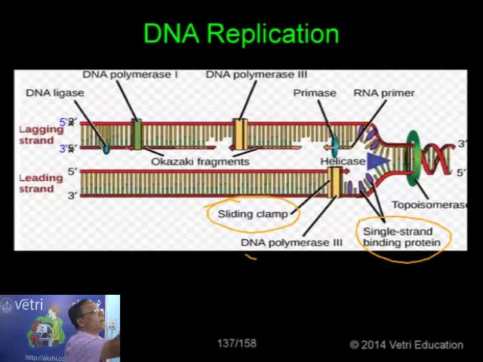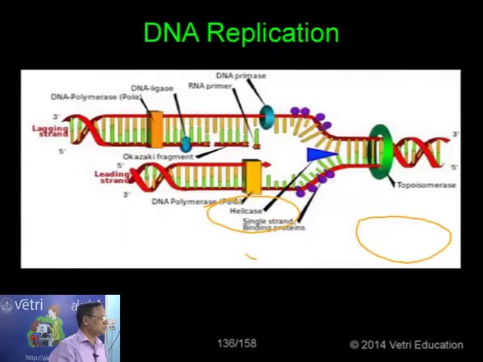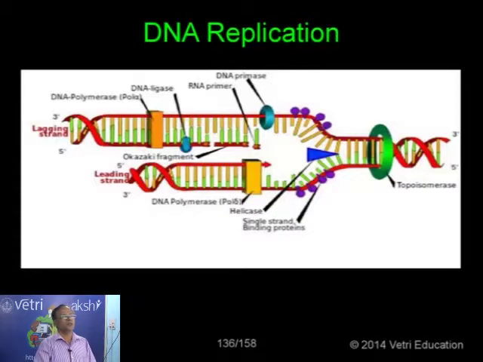Now what is happening normally? See that one. I mentioned already that one of the strands is synthesized continuously. The continuous synthesis of DNA occurs in one of the strands where the template is, you see that one, the leading strand. We have the template 3' to 5'.